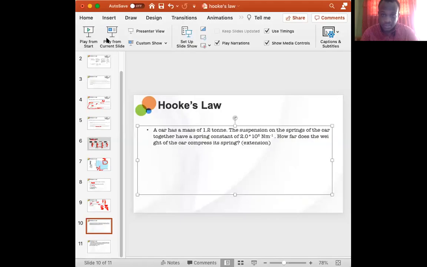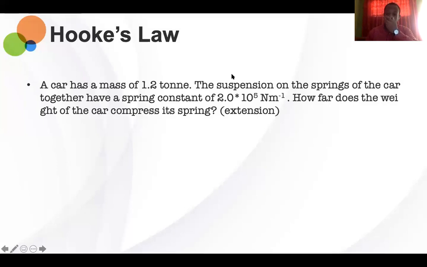All right, so let's try this question together. A car has a mass of 1.2 tons. All the suspensions on the springs of the car have a spring constant of 2.0 times 10 to the 5 newtons per meter.